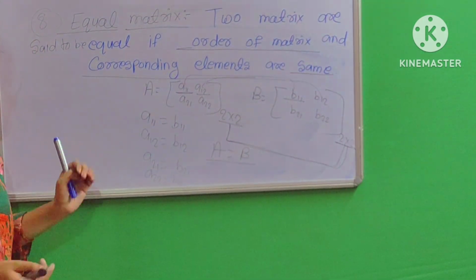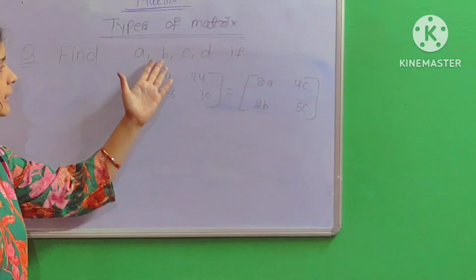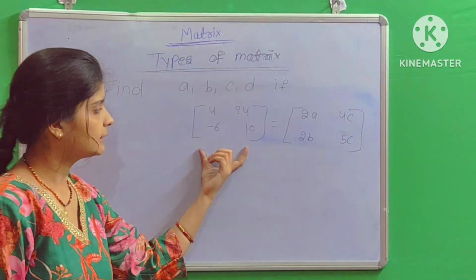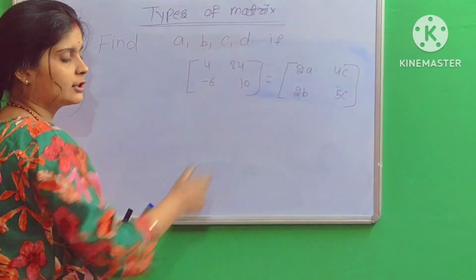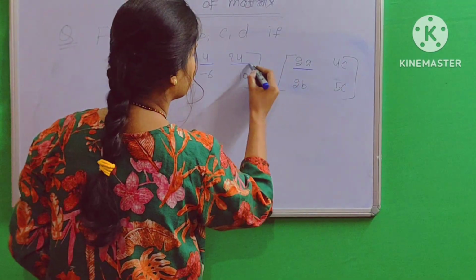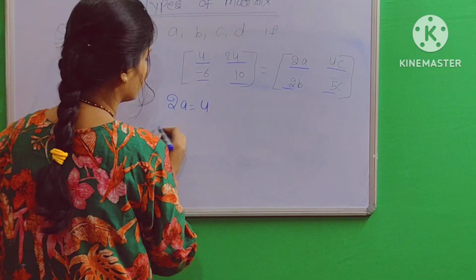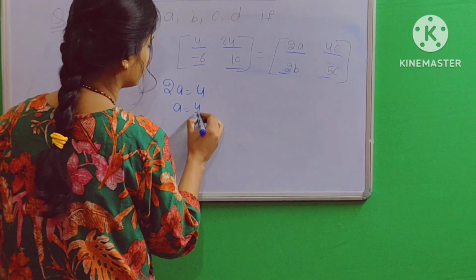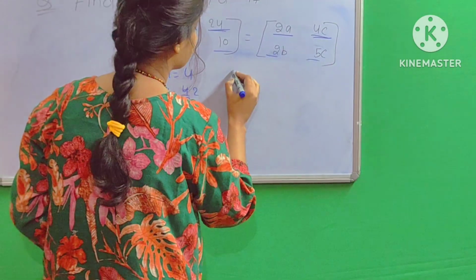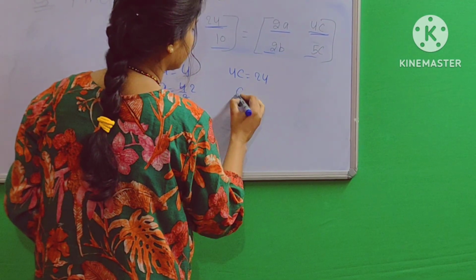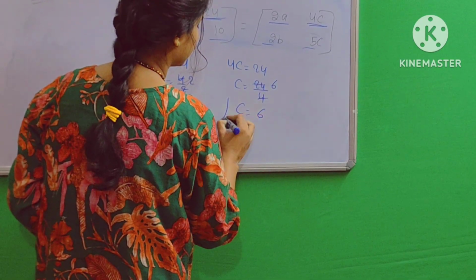Now I am showing you one question. Find the values of A, B, C and D if this matrix and this matrix are equal. We know that if two matrices are equal, then corresponding elements are equal. So we can say 2A is equal to 4, so A is equal to 4 upon 2, means A is equal to 2. Again 4C is equal to 24, C is equal to 24 upon 4, C is equal to 6.